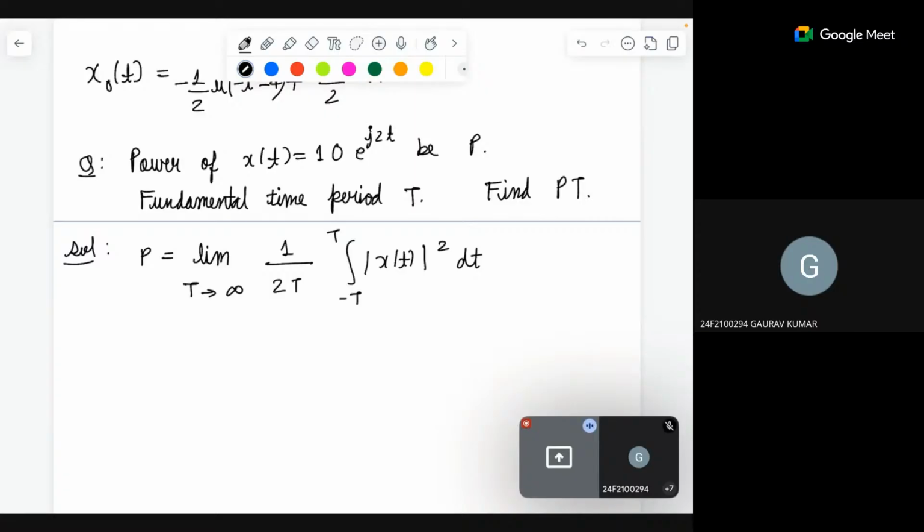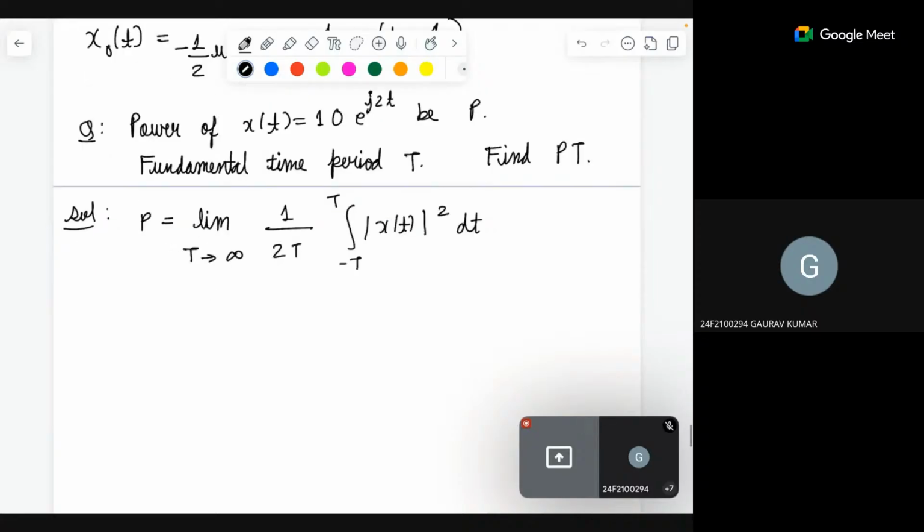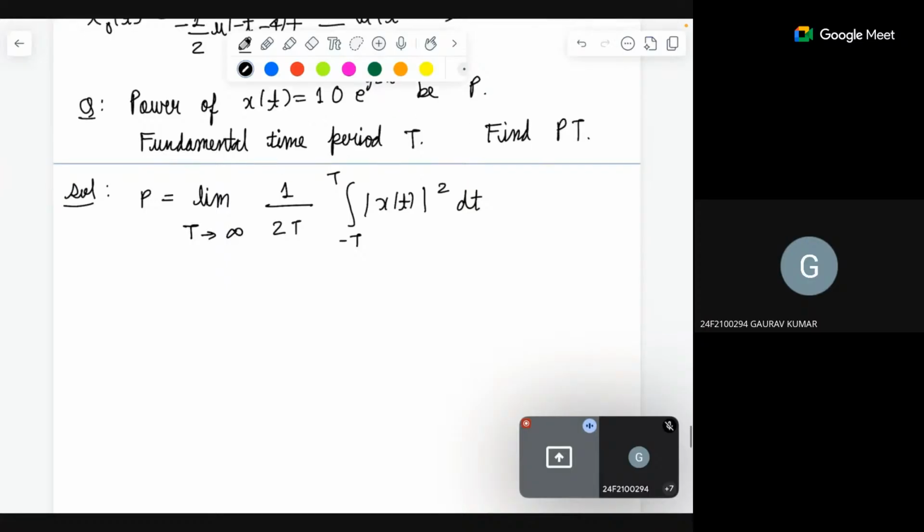Okay, time's up. Let me solve it. We don't have that much time, only 20 minutes left. Shall I solve it? Okay. So the power formula I've written: limit T tending to infinity, 1 upon 2T, integration from minus T to T of mod of x(t) squared dt.